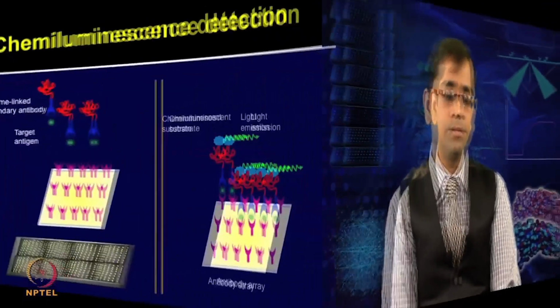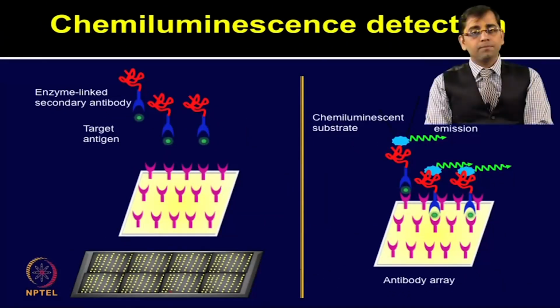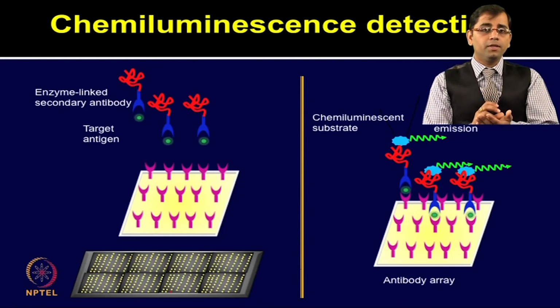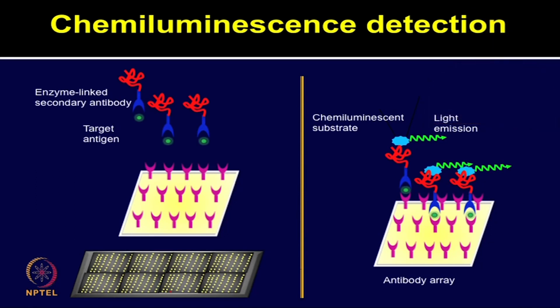The horseradish peroxidase (HRP) linked antibodies are most commonly used to catalyze the reaction of chemiluminescent substrate molecules. In a given experiment, the antigen of interest binds to the corresponding antibody, which are coated on the microarray surface. Microarrays can then be probed by an enzyme-linked antibody which recognizes an epitope on the antigen.